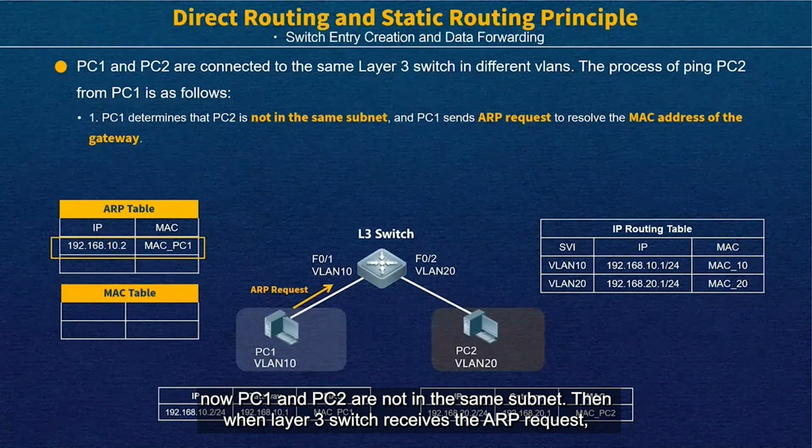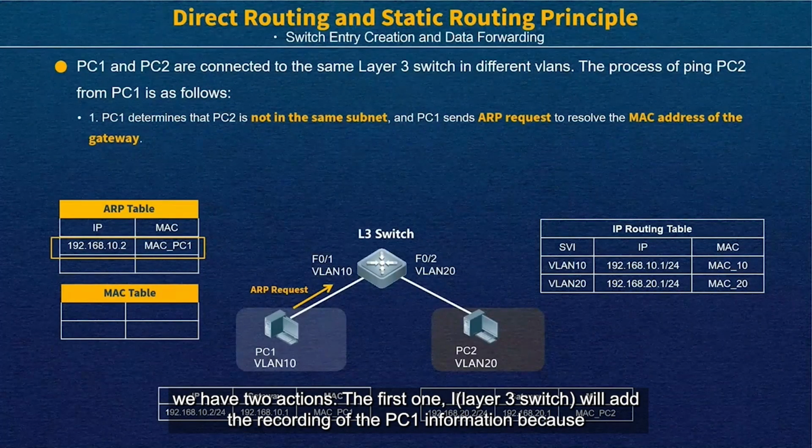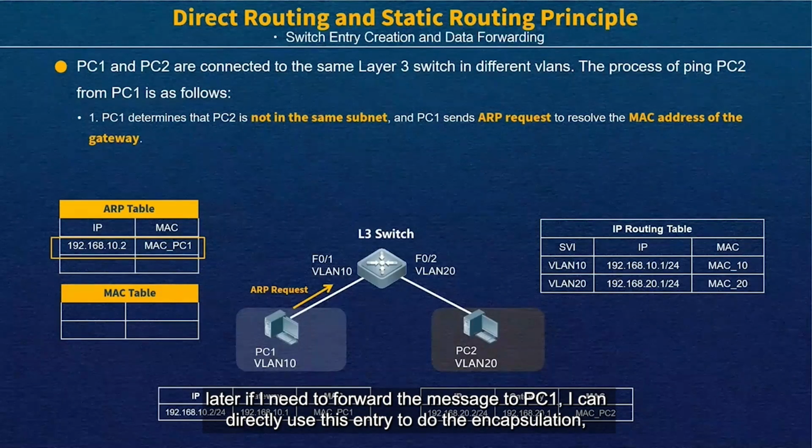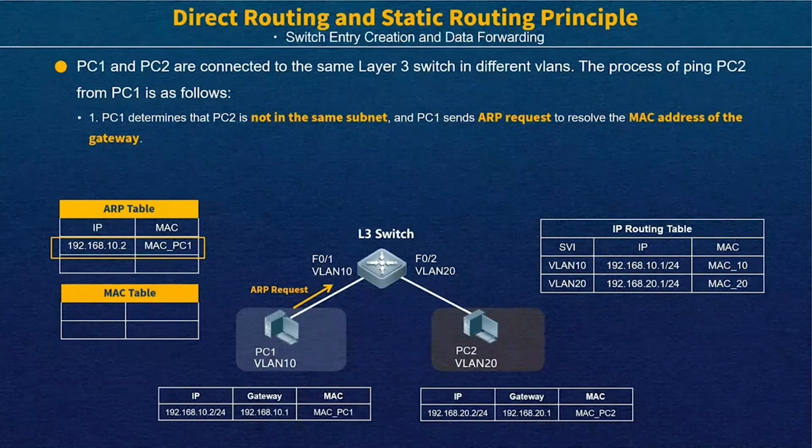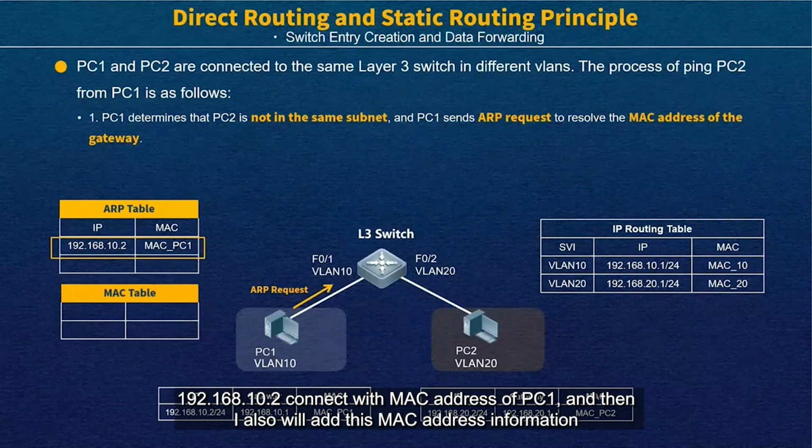Then when the layer 3 switch receives the ARP request, we have two actions. The first one, I will add the record of the PC1 information, because later when I forward the message to PC1, I can directly use this message to do the encapsulation. 192.168.10.2 connects with the MAC address of PC1.